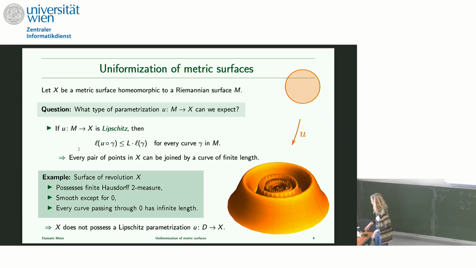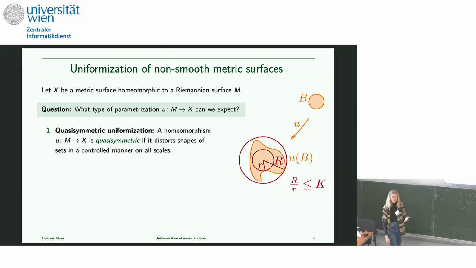And in particular, we can also not expect conformal parameterizations, of course, because everything is somehow non-smooth. So we try to look for generalizations of conformal maps that we want to parameterize these surfaces with. And so I said before that a conformal map maps a small ball to a small ball. And here, the first class of mappings that we're actually going to look at are quasisymmetries.